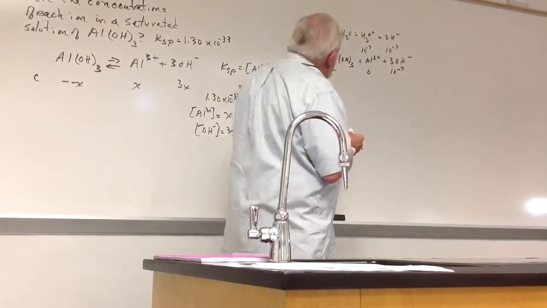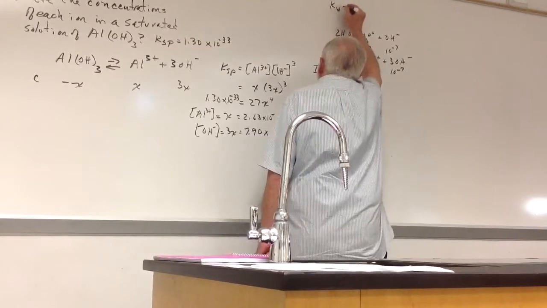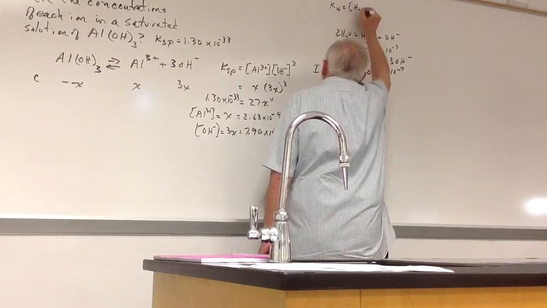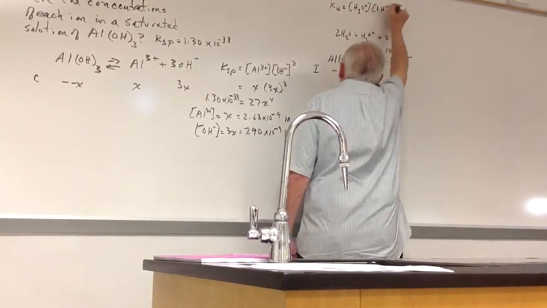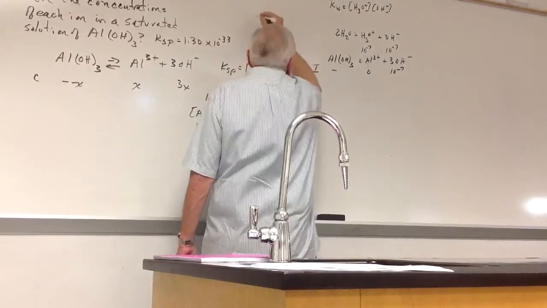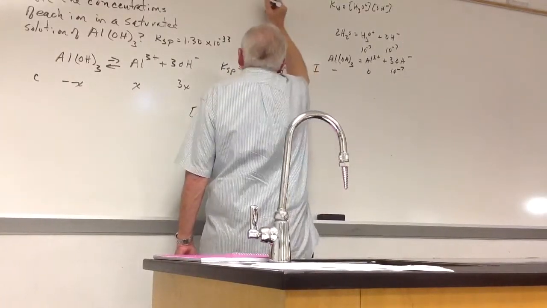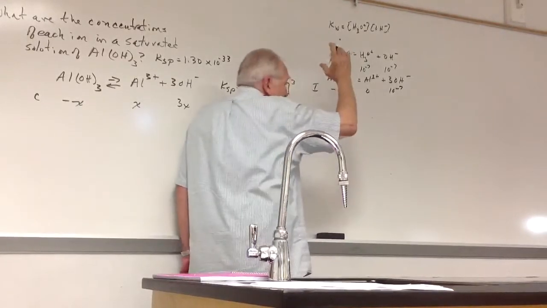Because if we just have pure water, remember I did this before. And I did do the ice chart for you before. I did it a couple days ago when I set up the pH scale, remember that?